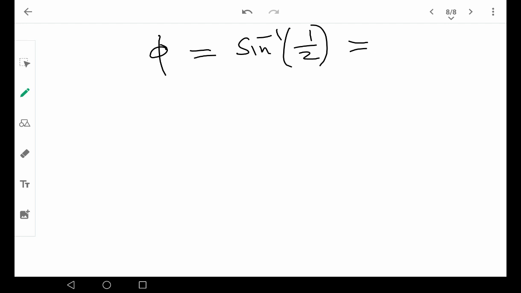So you will get the phase angle as 30 degree.